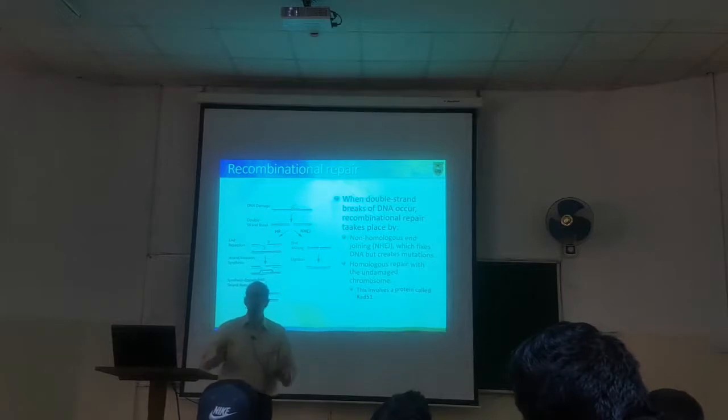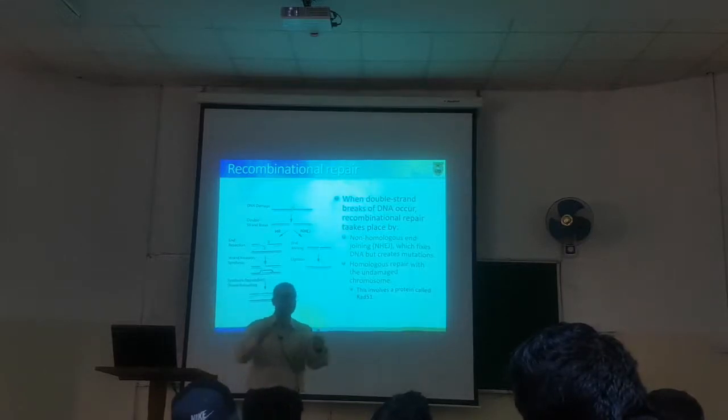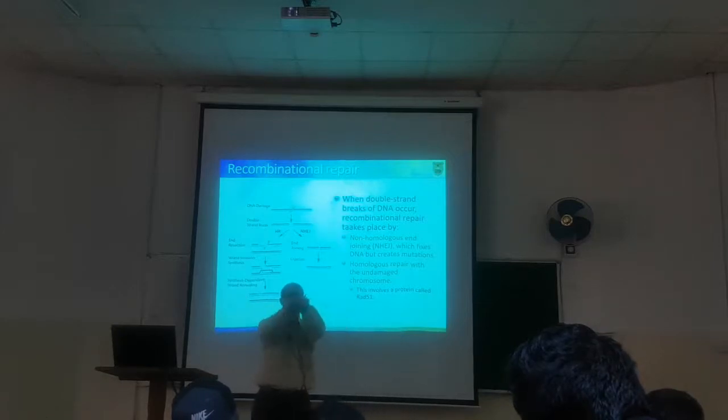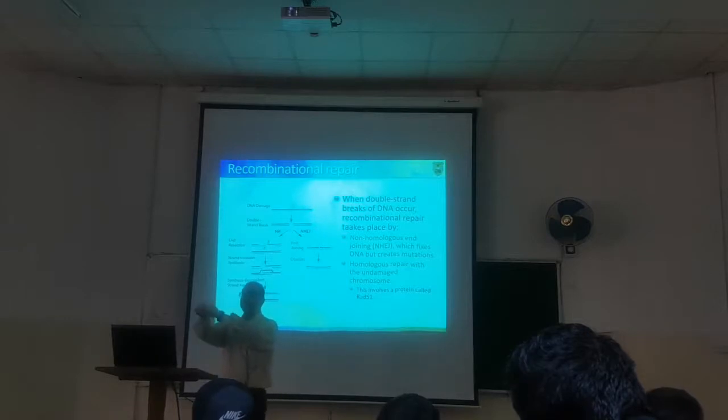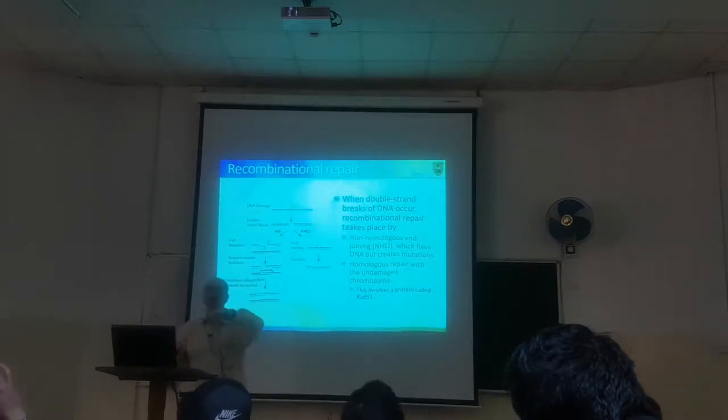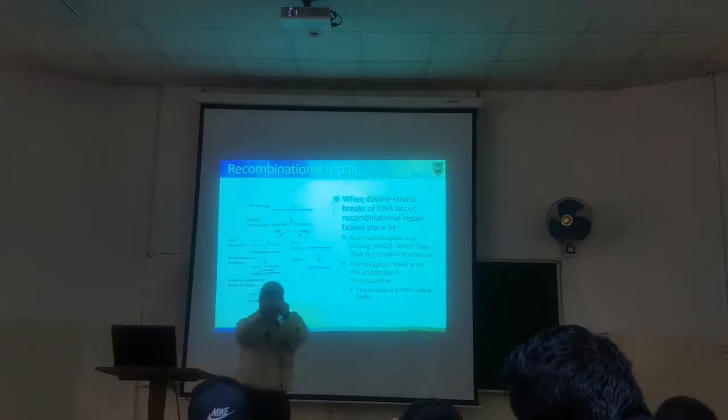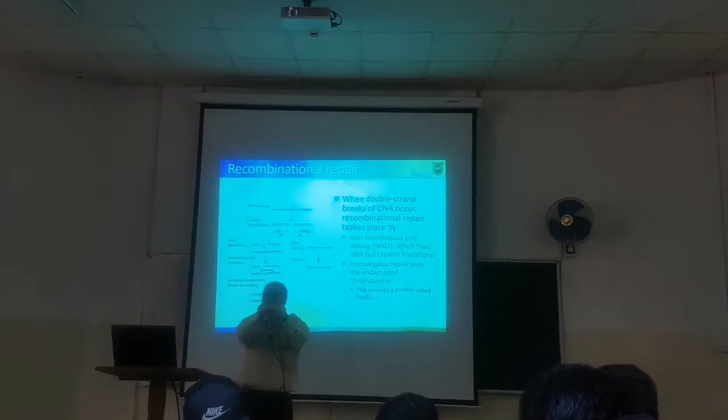سريع, efficient, لكن what it does basically, it takes the 2 strands and it puts them together. Okay, it ligates them together. هذا اسمه non-homologous end joining. So joining the ends of chromosomes that may not be homologous to each other.